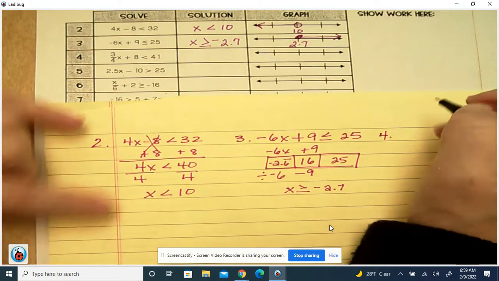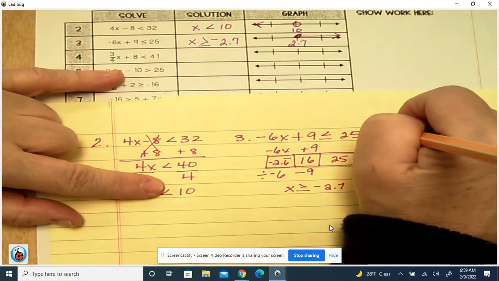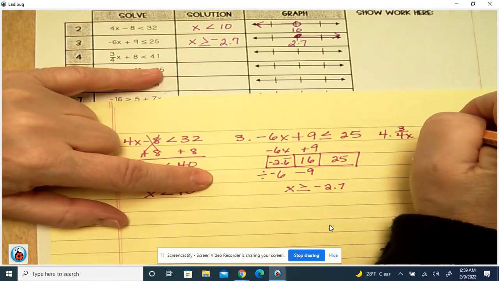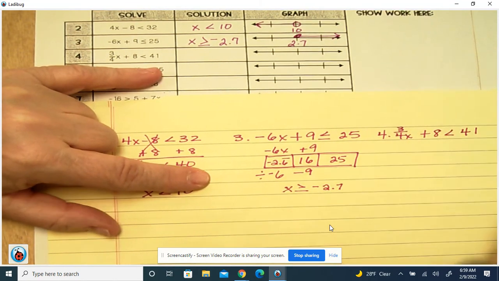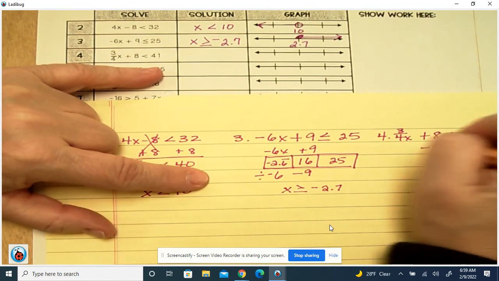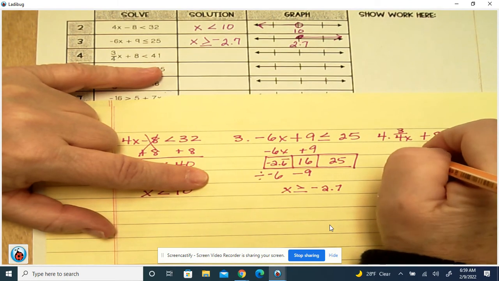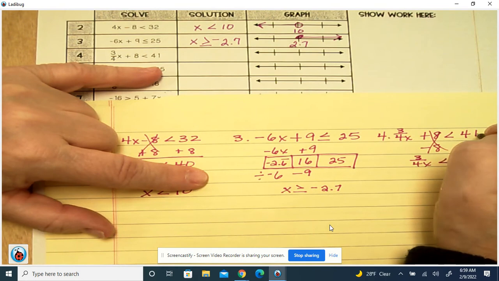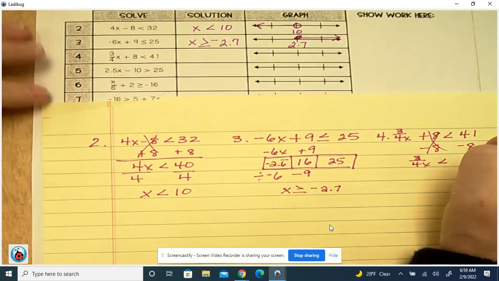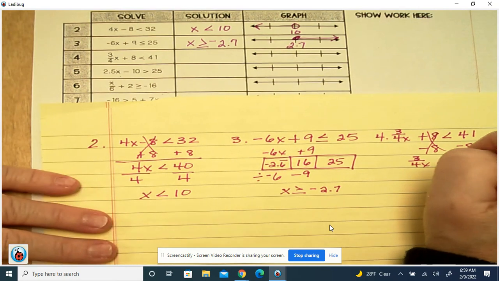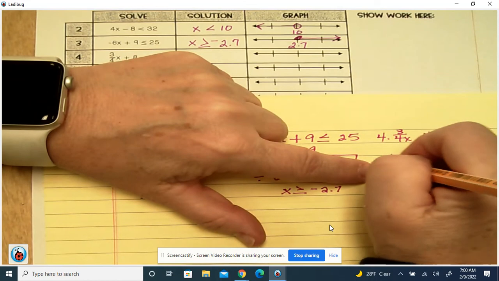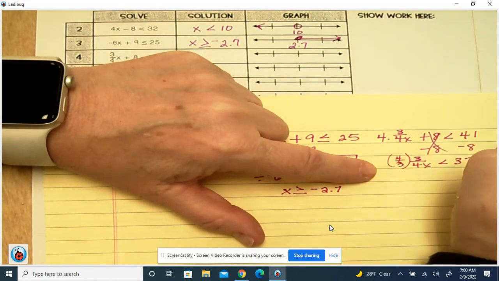Number 4, 3/4 x plus 8 less than 41. Minus 8. 3/4 x, these cancel out, is less than 33. I think that's right. All right, here's dividing. So we're going to multiply by the reciprocal, which is 4/3.